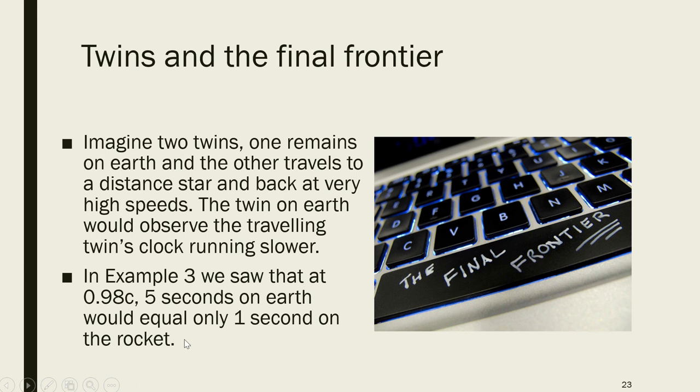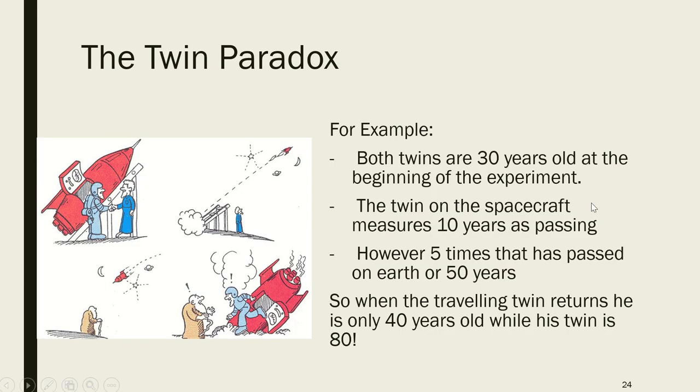So, what does this mean? Well, imagine both the twins. They're both 30 when they both set off. Now, the person going up into space, the astronaut, they're only going to measure that 10 years have passed on the spacecraft. However, their twin is actually going to have lived for 5 times that amount on Earth.